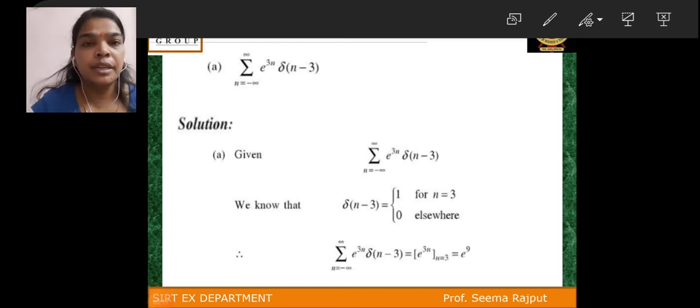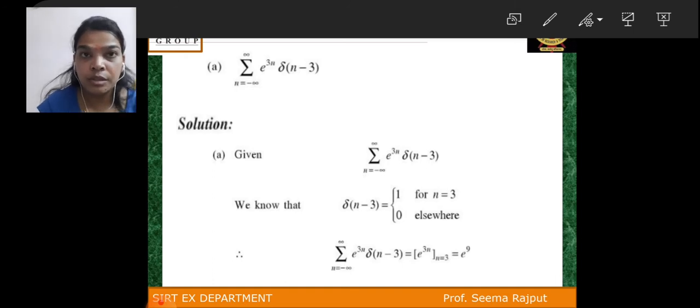I will repeat it again. The question was the summation n equal to minus infinity to infinity of e to the power 3n del n minus 3. Firstly we have to discuss the function: del n equals 1 for n equal to 0, and 0 for n not equal to 0.